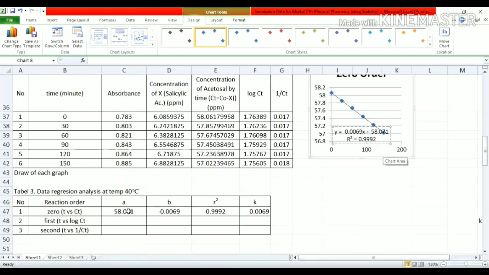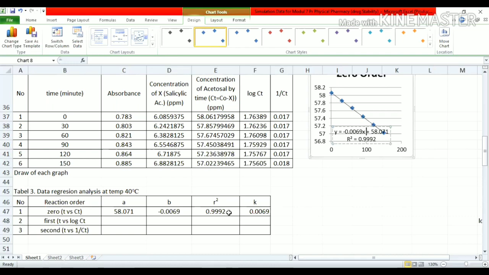And then this is the value of K, because in the zero order equation, CT equals B times X, where X is T, and B is also the mean K. So the number of K and the B is the same, just with the sign changed.